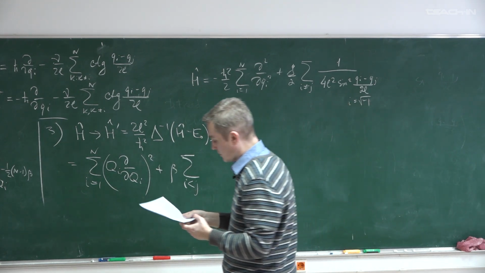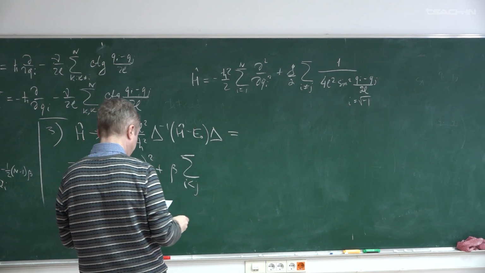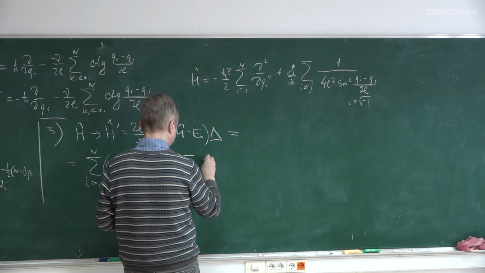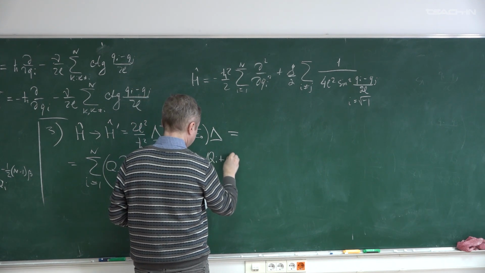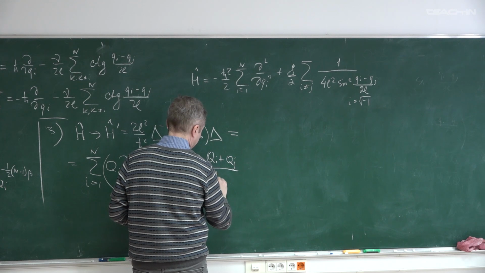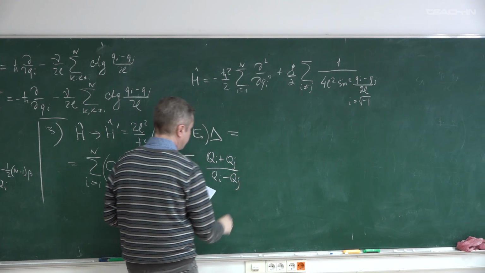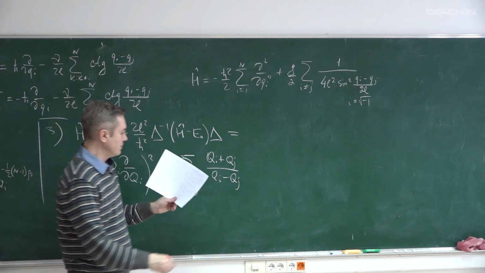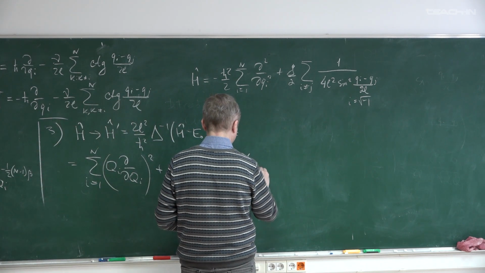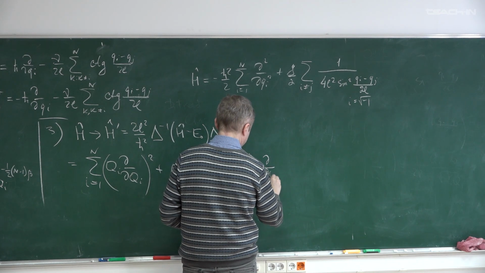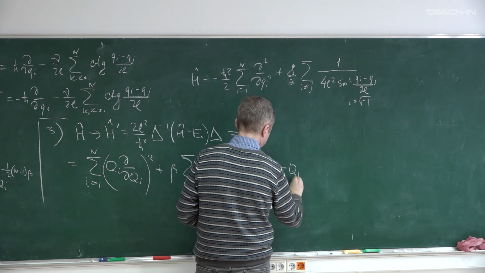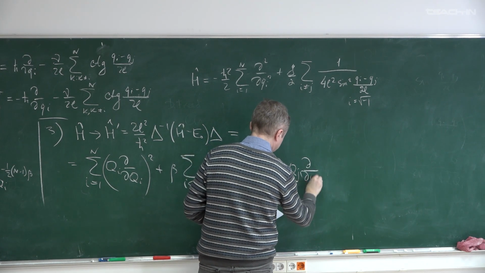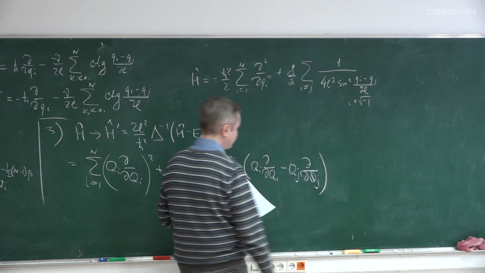And the same story happens here in the trigonometric case. So that we have a sum of q's divided by difference of q's multiplied by qi minus qj d over qj. That's it.